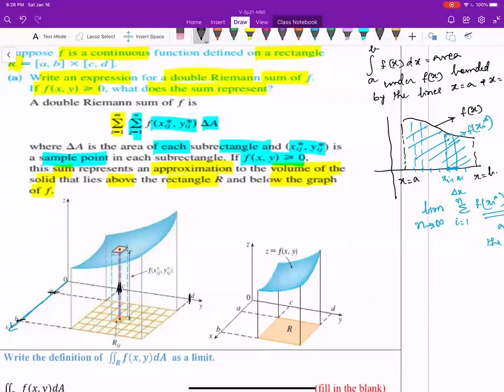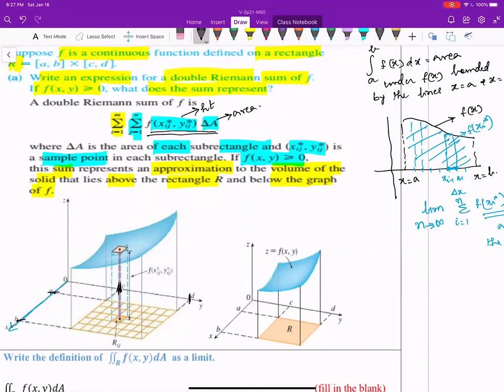R is divided into a number of subrectangles, and then you find the volume above each of these subrectangles. It is the height of the surface above that subrectangle times the area of the base, which is the area of that rectangle. If I consider one sample volume over the rectangle Rij, I get f of xi star, yj star, which is the height above that rectangle, and this is the area.